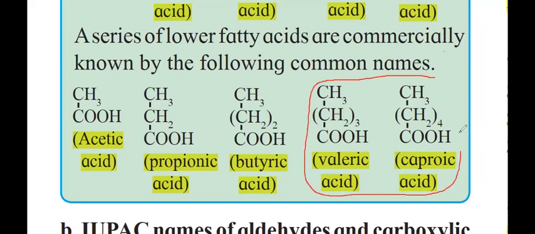Valeric contains 5 carbon atoms in a linear chain, and to that linear chain a COOH group is attached. Caproic acid contains 6 carbon atoms. We will see caproic acid in the polymerization chapter, as it is one of the monomers for the synthesis of polymers. Just remember the names.